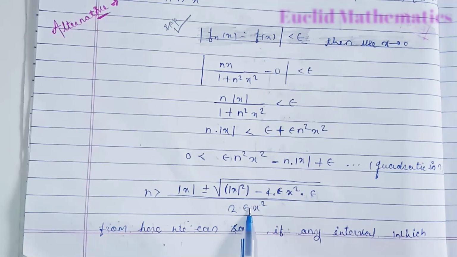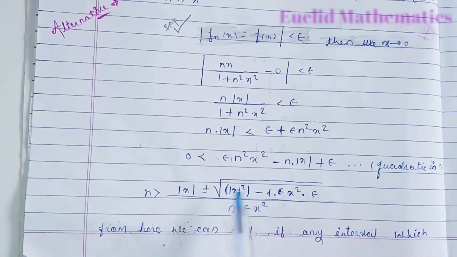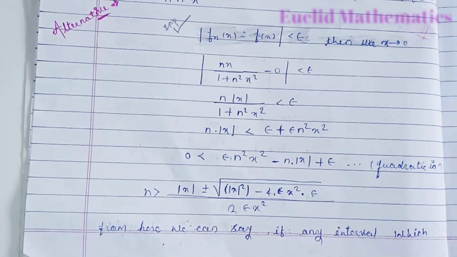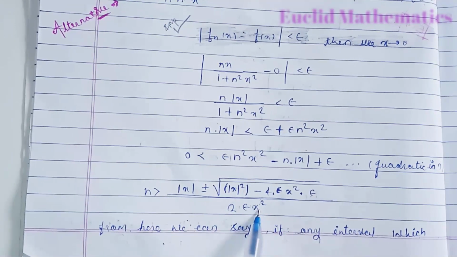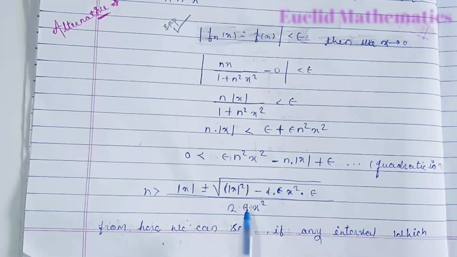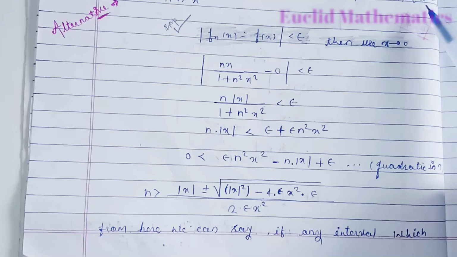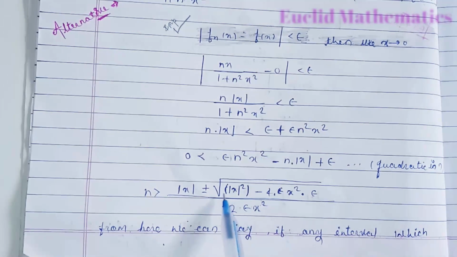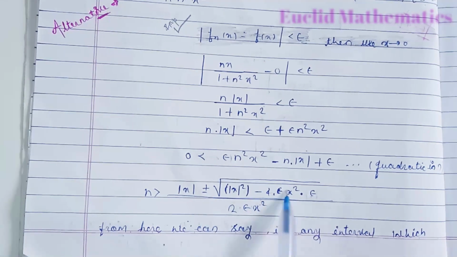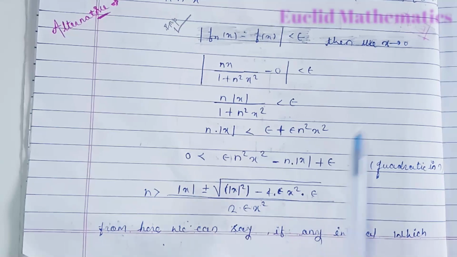So here we can see the value of n which is bigger than this one. x is here a part of the denominator. If we choose any interval, as x tends to 0, that means the interval contains 0, then the factor of the quadratic root which contains the denominator x square goes to 0 when x goes to 0 in our interval.